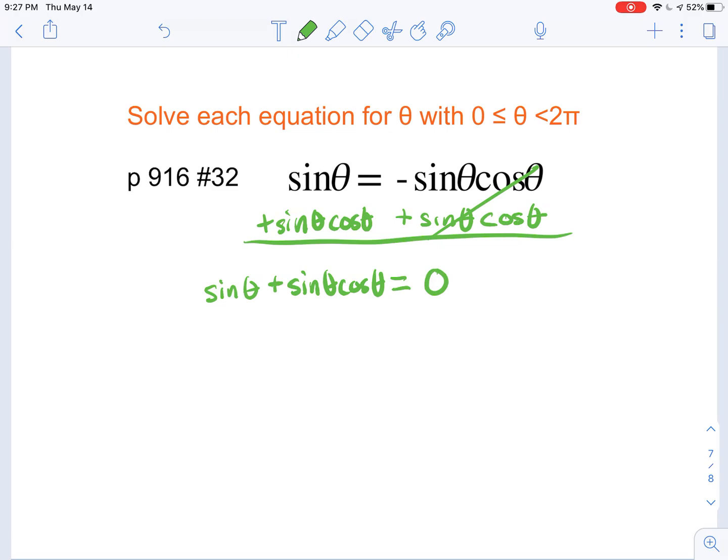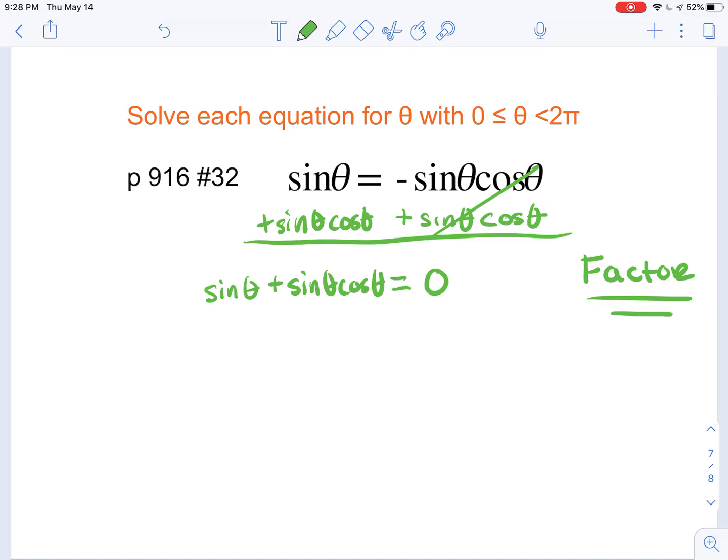Okay, so you might be saying to yourself, what do I do? I'm stuck. Well, we have one tool at our advantage, and you're going to use this anytime you feel like you're stuck with one of these pluses or minuses and our trig function separated. And that is factoring.